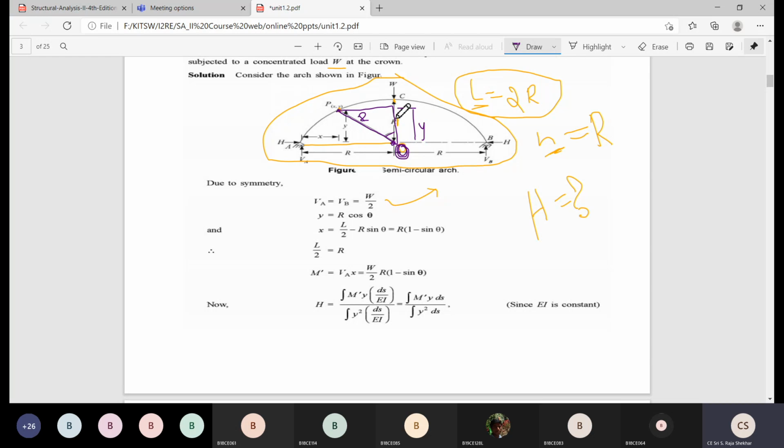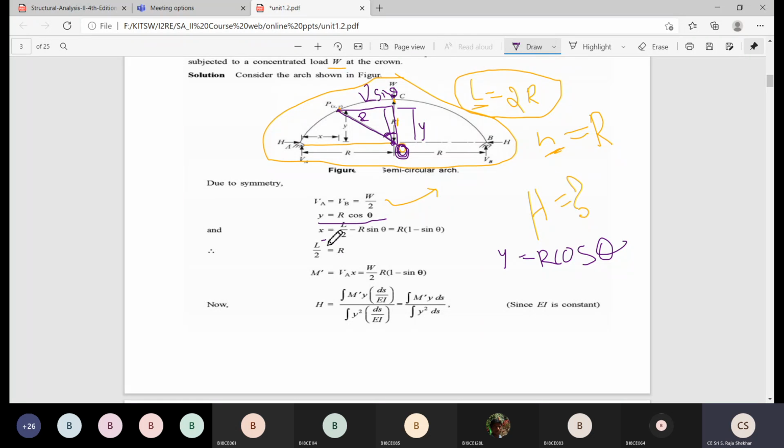The vertical component is R cos theta and the horizontal component is R sin theta. We require the vertical component, so Y is equal to R cos theta.